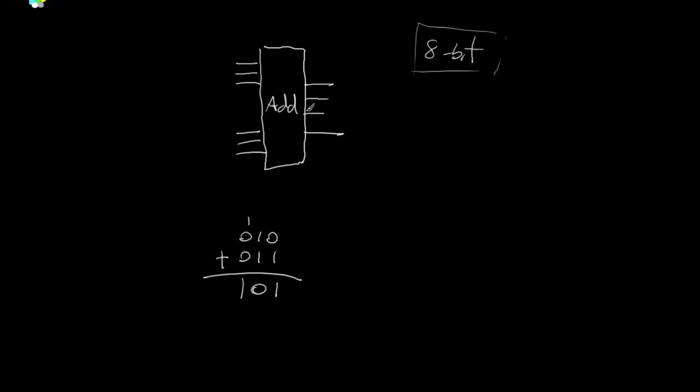So the way you go about adding two 8-bit numbers together is you basically do a parallel operation of 8 1-bit additions. So to create our 8-bit adder, first we have to solve the problem of just adding two 1-bit numbers together.